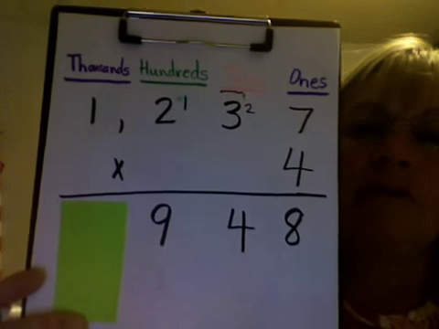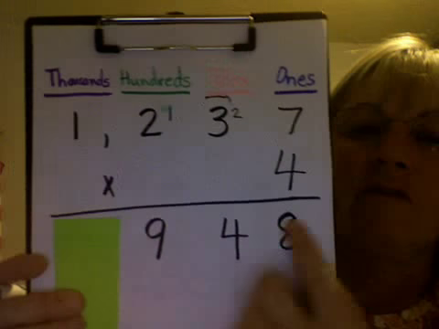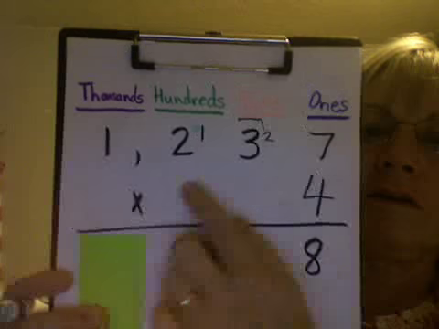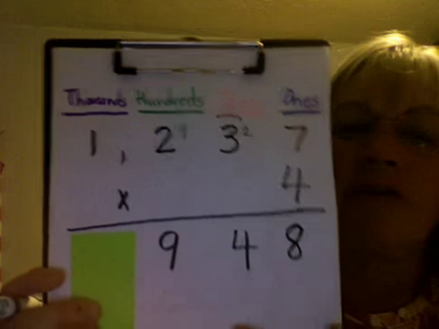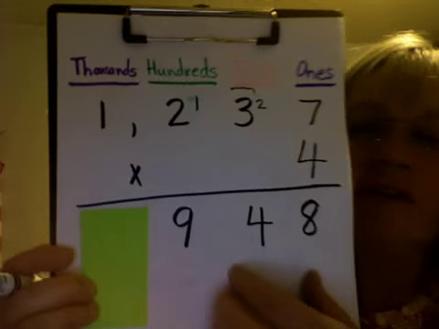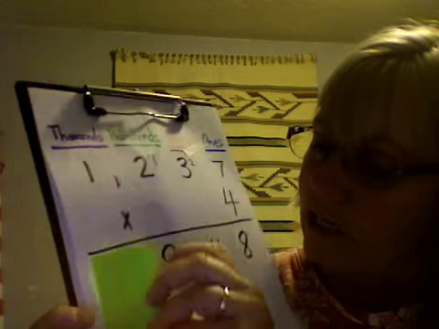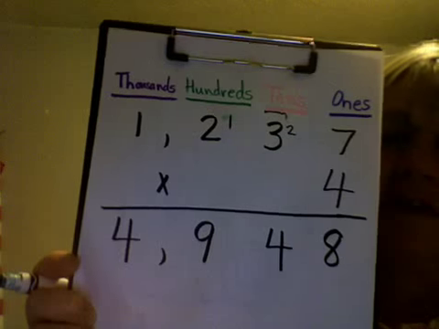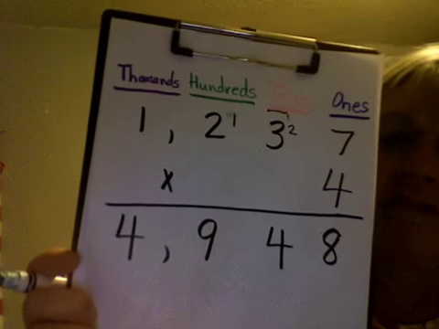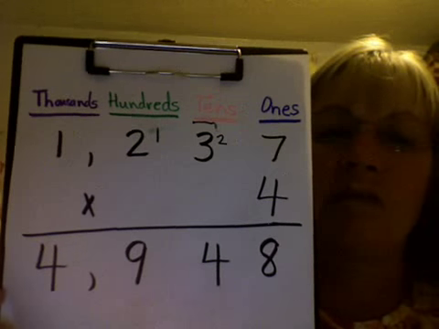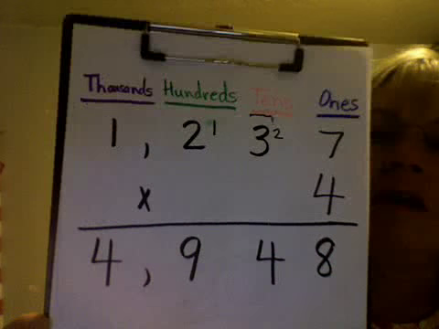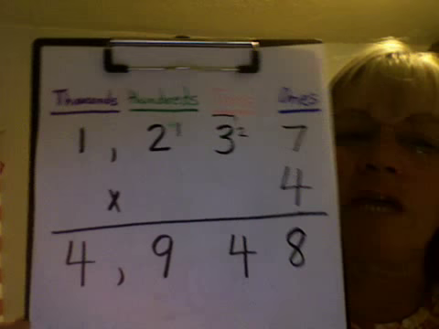And now we do 4 groups of 1,000, and we know that to be 4,000. We have no regrouping, nothing to carry over from the hundreds, and our final answer is 4,948.